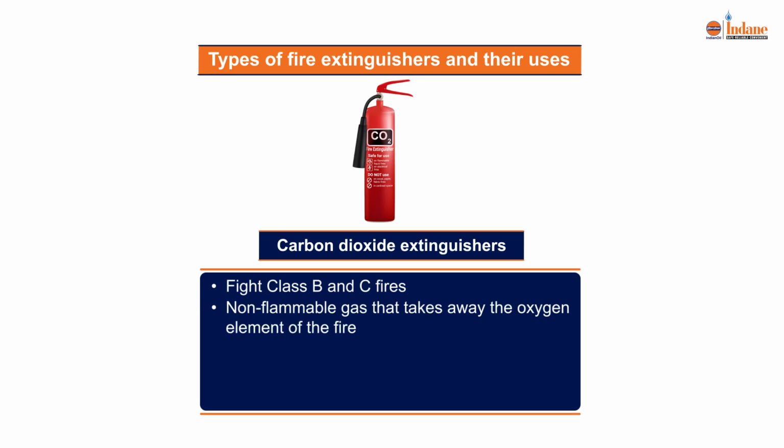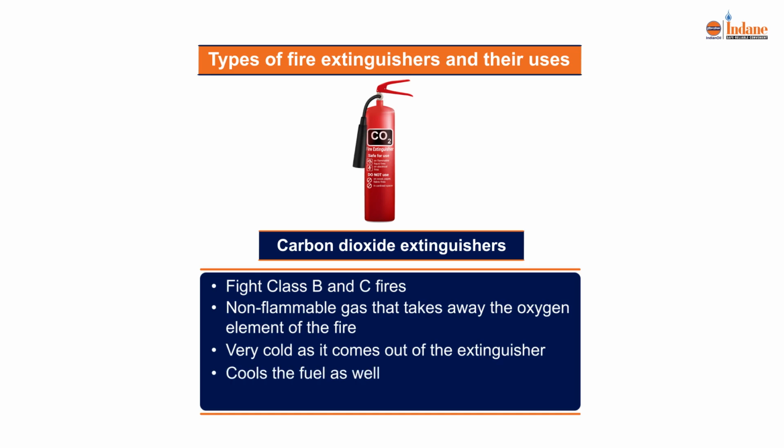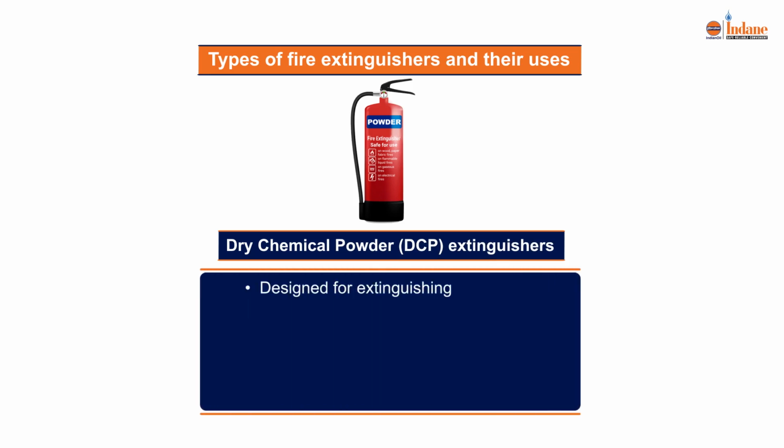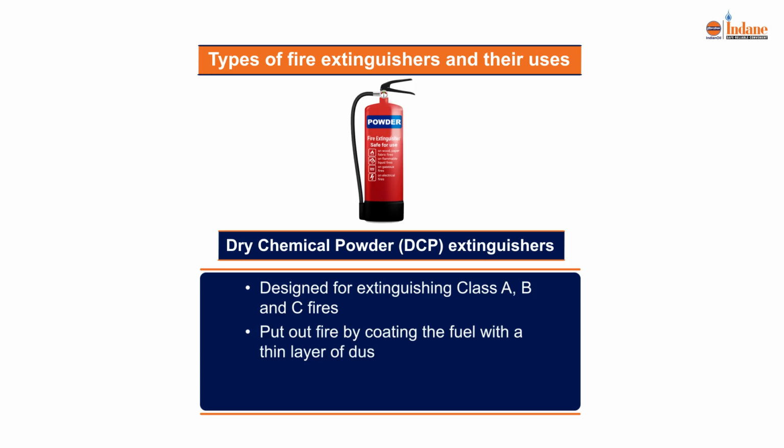Carbon dioxide is very cold as it comes out of the extinguisher, so it cools the fuel as well. It is useful for offices and electrical fire. DCP is designed for extinguishing Class A, B, and C fires. Dry chemical extinguishers put out fire by coating the fuel with a thin layer of dust. It separates the fuel from the oxygen in the air.